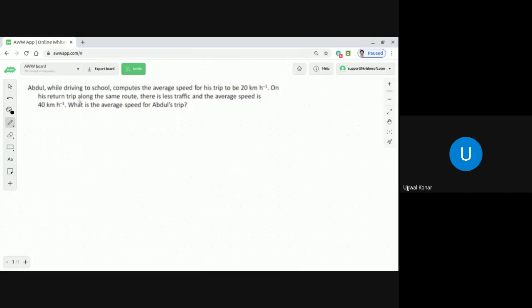On his return trip, along the same route, there is less traffic and the average speed is 40 km per hour. Now the question is, what is the average speed for Abdul's trip? Okay, so let's find it out.